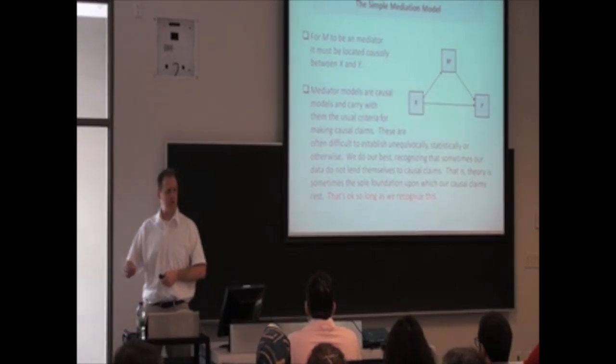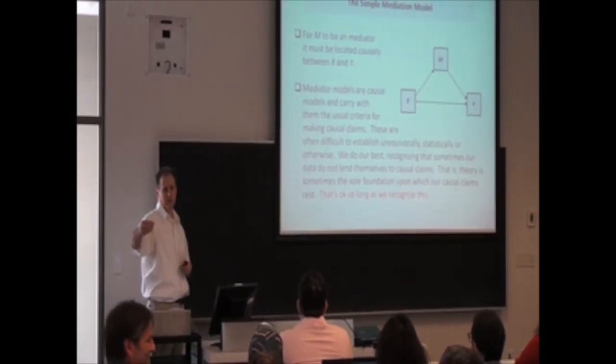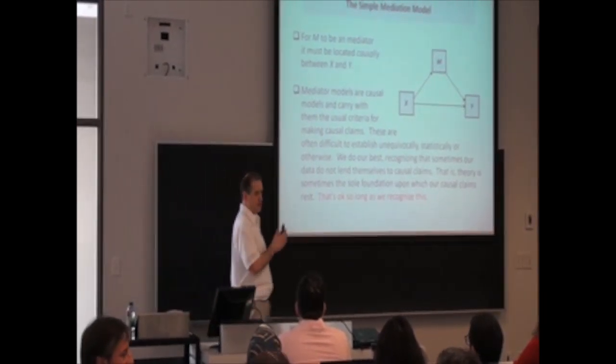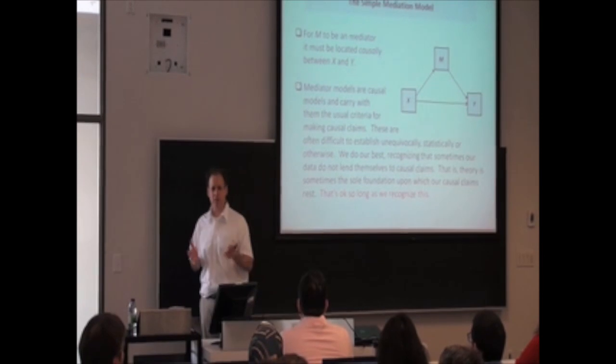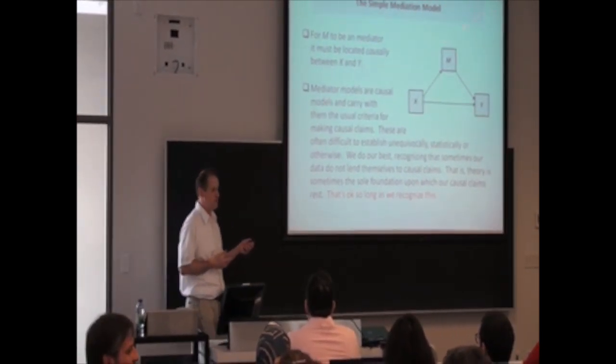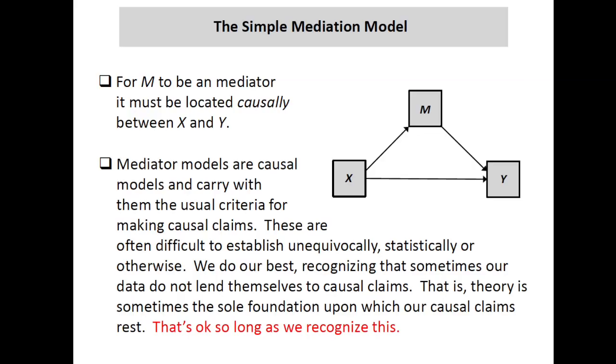X causes M, and that influence on M then goes on and transmits effect to Y. I say this because now and then I'll get questions from people about mediation analysis, and when you probe them further, you realize that their M is not between X and Y. So it's somewhere else out in some conceptual space. And that's not a mediation process if we can't make this assumption, at least, that M is causally between X and Y. Now, these are causal models.